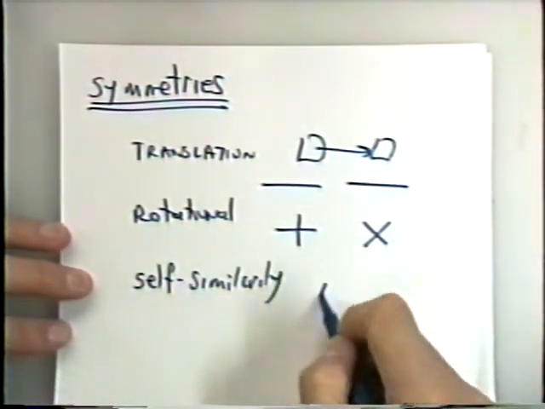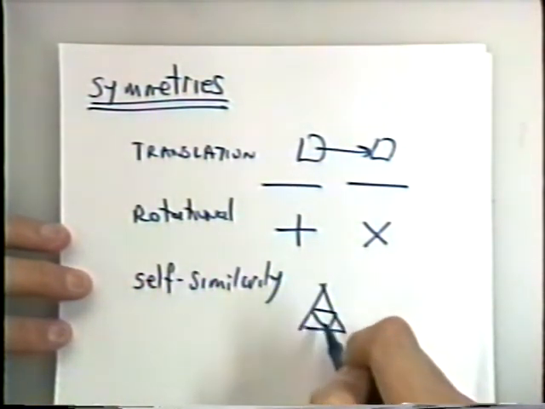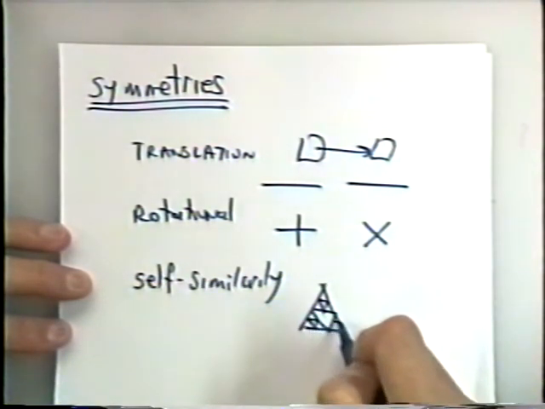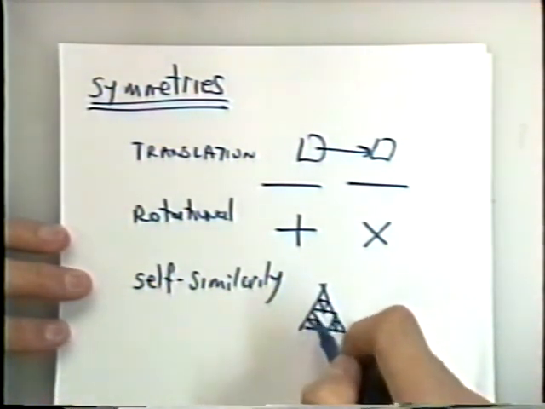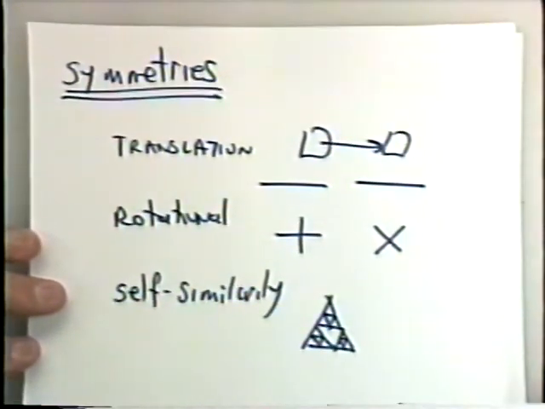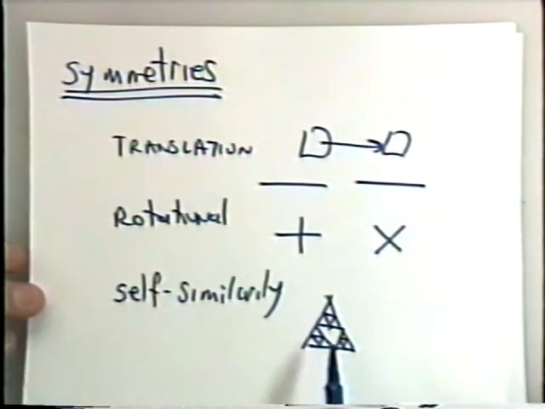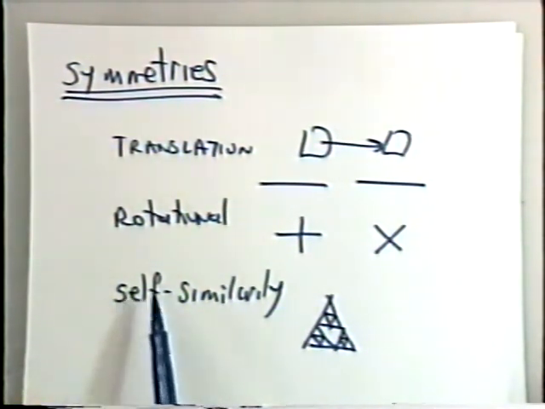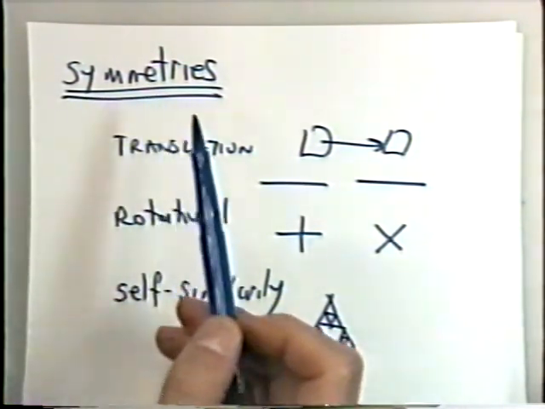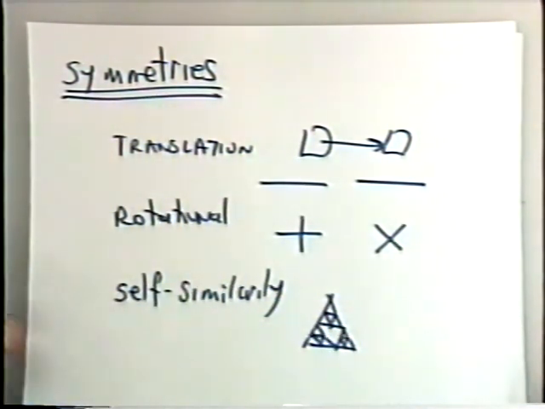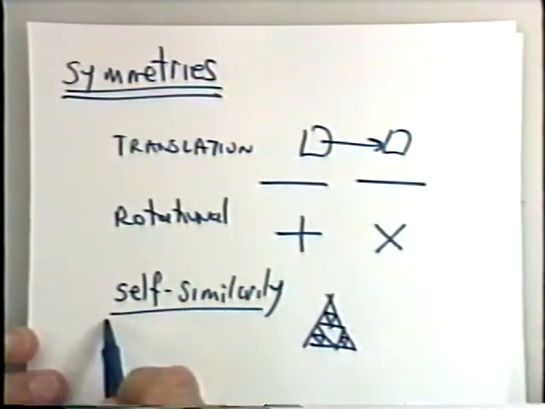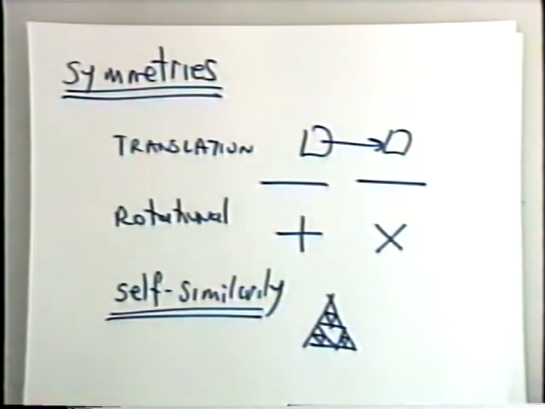That somehow an object is the same when I take smaller and smaller pieces of it. And so this is a different sort of symmetry. But in some ways, this is an extension or is related to these other types of symmetries as well. But it's a new type of symmetry.